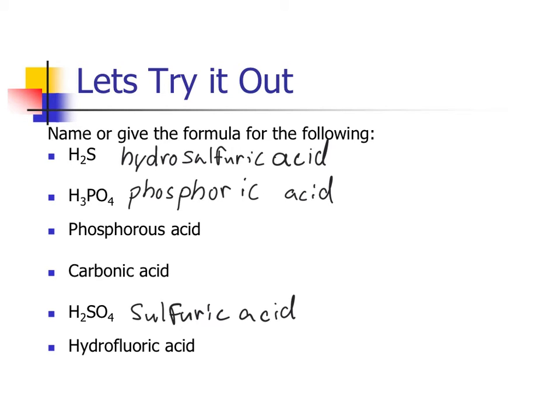This next example here, it ends in OUS. There's no prefix, and it ends in acid, so I have an H. It ends in OUS, that means it comes from the polyatomic ion ite.